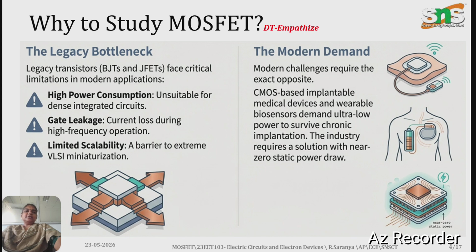Why it is used is that the legacy bottleneck of using BJTs and JFETs is due to critical limitations: high power consumption, which is not suitable for dense integrated circuits; gate leakage in JFETs, so current loss will be there; and limited scalability, which was a very extreme barrier for VLSI miniaturization. So modern electronics demand exactly the opposite of what BJT and JFET offer. Here comes our hero MOSFET, which overcomes these limitations.